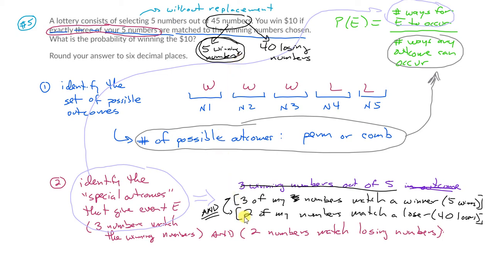And, meaning multiply by, how many ways can the other 2 of my numbers match one of these 40 losers? Where'd the 40 losers come from? Because 45 numbers, 5 of them were winning numbers, the other 40 therefore are losing numbers. And so I'm going to multiply because it's an and. That result, once I figure all this out, and by the way, when we say 3 out of 5 or 2 out of 40, does the order matter?